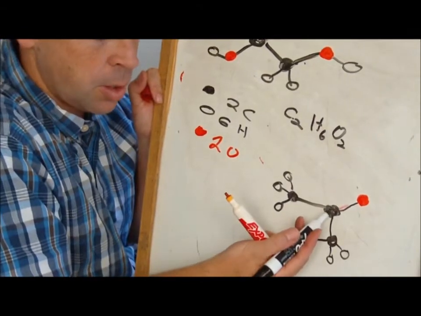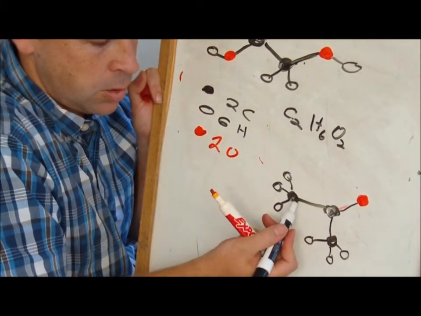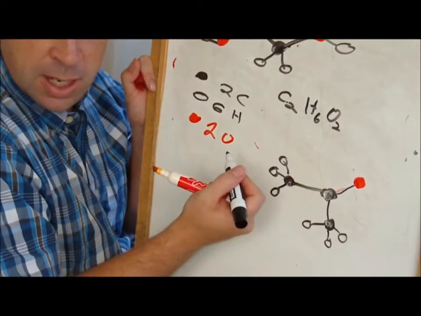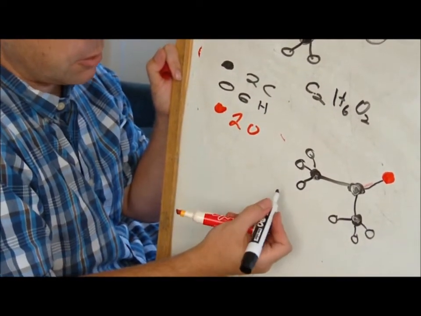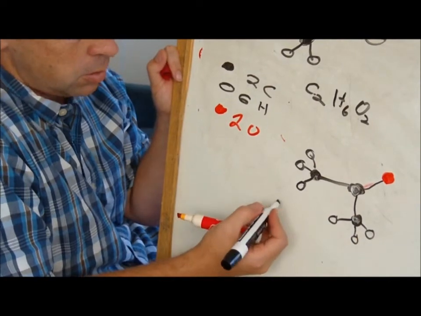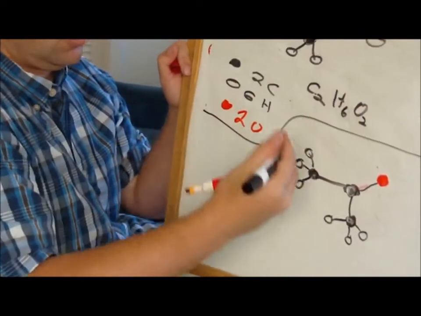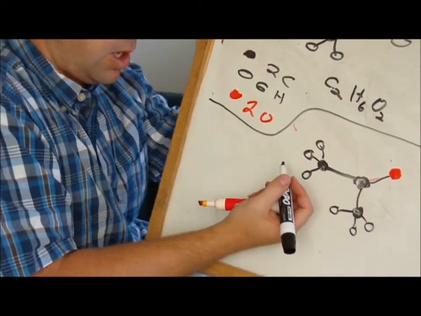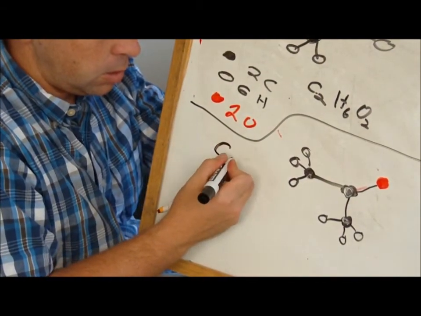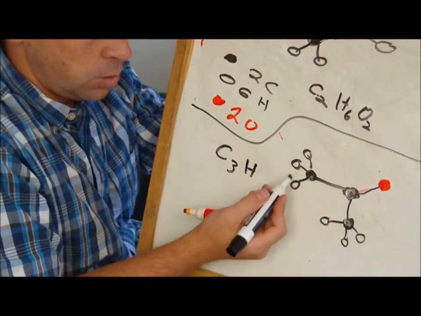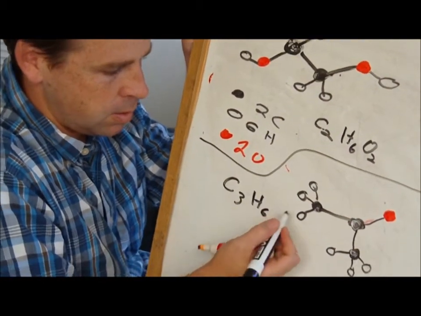All right, so this is carbon again. 2 more carbons off of the side of it. 1, 2, 3, 4, 5, 6 hydrogens all together. So we have 3 carbons here. So this part up here is for the top part. This is for the bottom part here. We have C3H6, 1, 2, 3, 4, 5, 6, and then 1 oxygen.